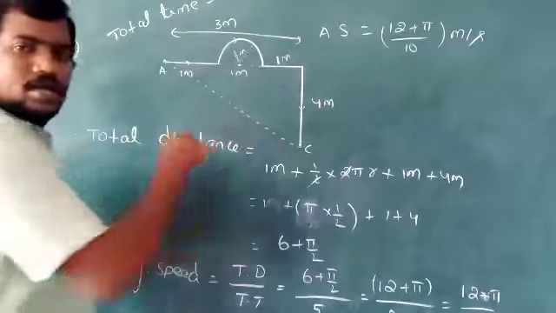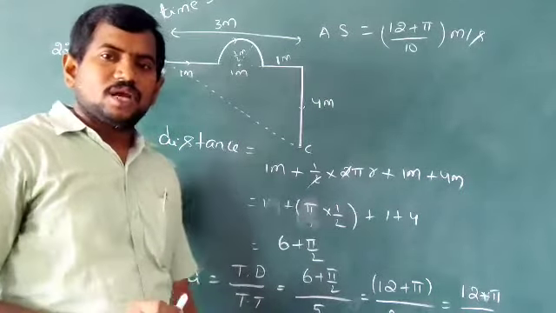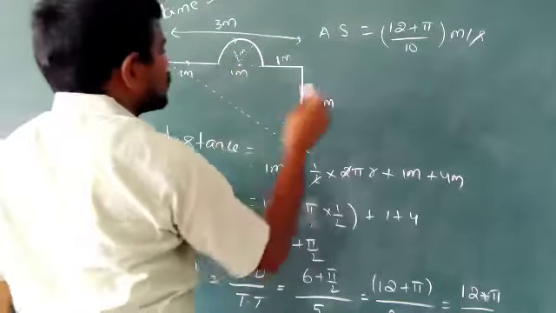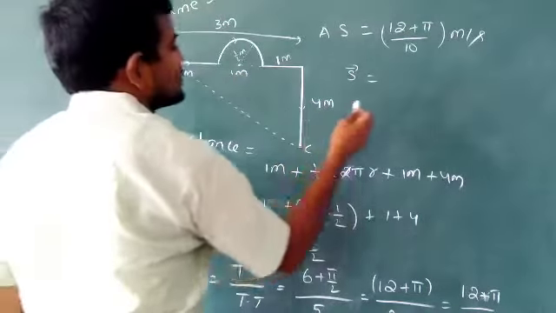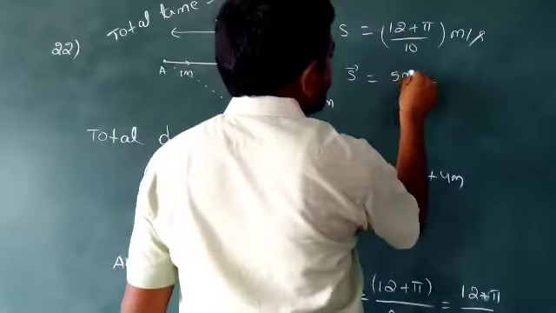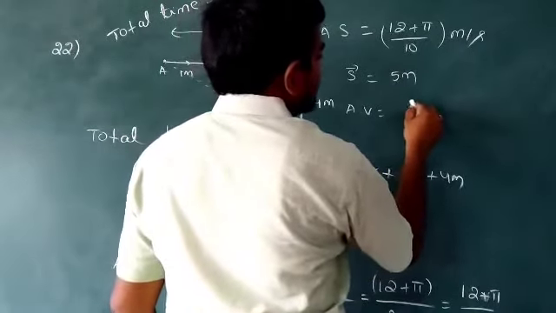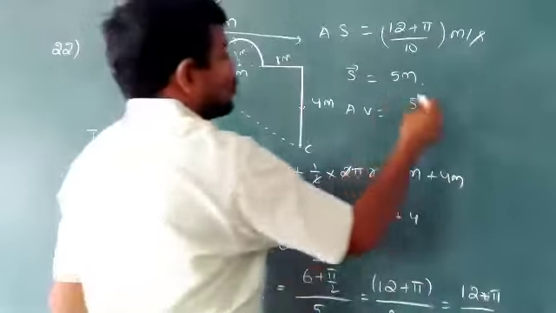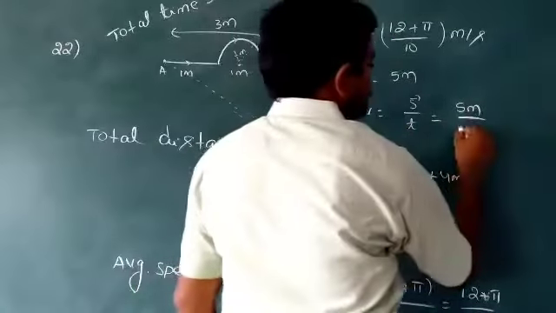By using the Pythagoras theorem, we can find the hypotenuse, that is nothing but the displacement, because side square plus side square equals hypotenuse square. According to that, the displacement is equal to root of 3 square plus 4 square, in the sense root of 25, 5 meters. So average velocity is equal to net displacement covered by total time taken. The displacement covered is 5 meters by the total time, 5 seconds.